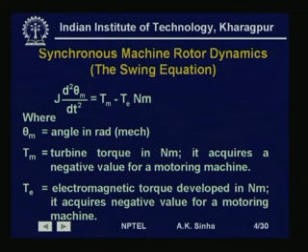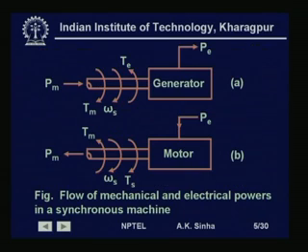So, let us start with the swing equation that we had developed in the previous lesson. We will go about it a little quickly. We had said that if we have a generator supplying electrical power output to some loads, this generator is run by means of a prime mover.